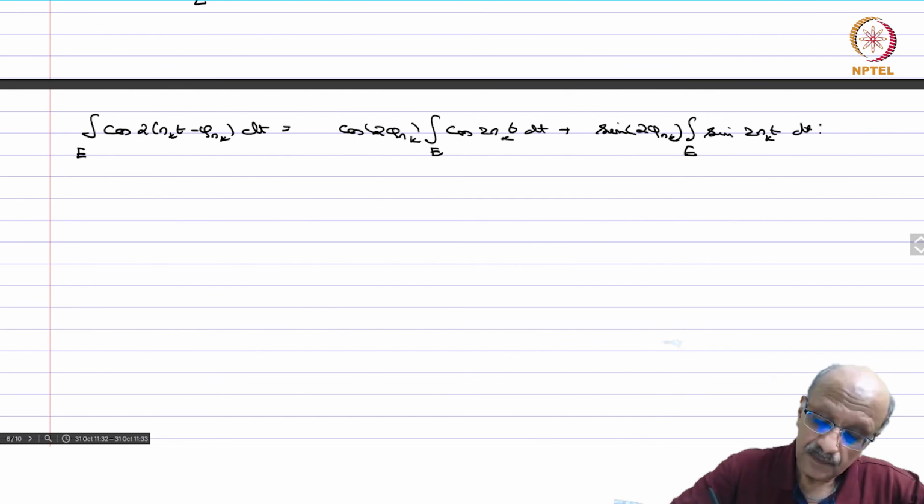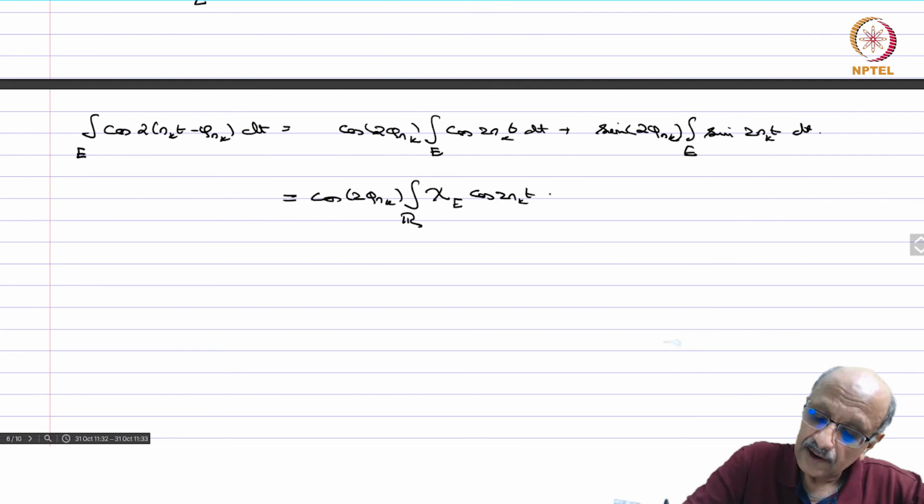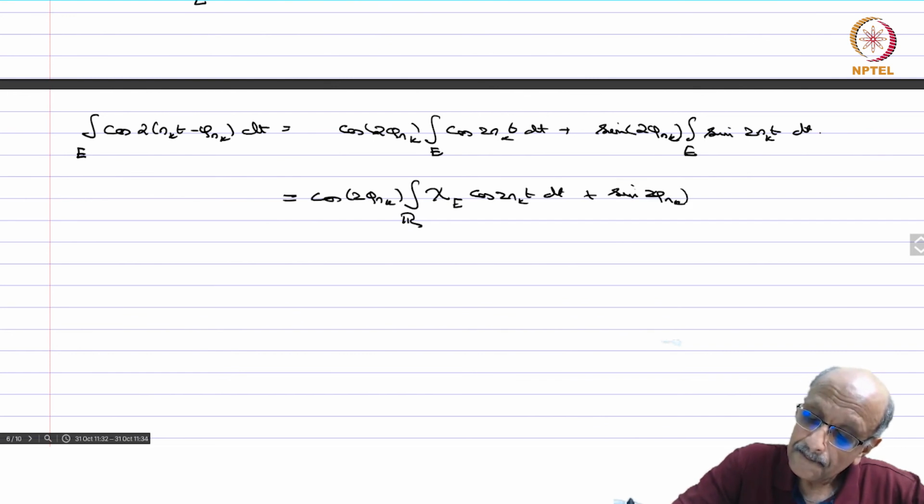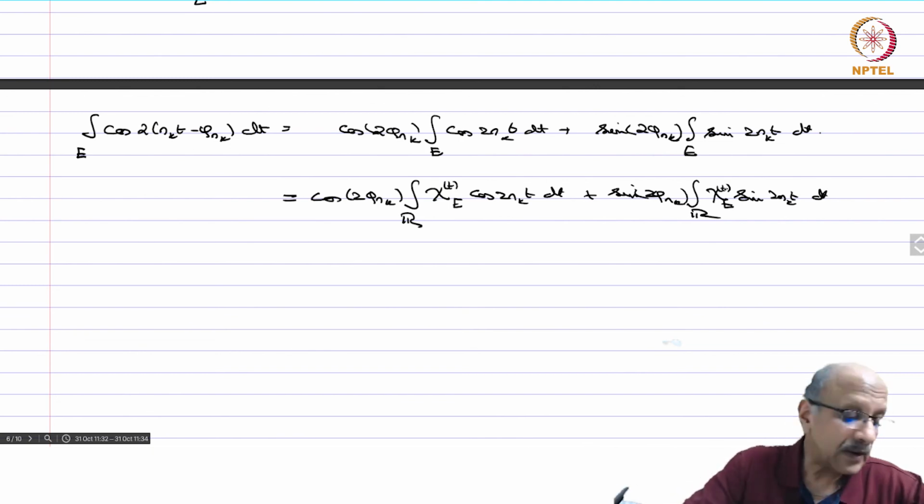That's equal to cos 2 phi nk times the integral over R of chi E cos 2nkt dt, plus sine 2 phi nk times the integral over R of chi E sine 2nkt dt, where you can take chi E of t.